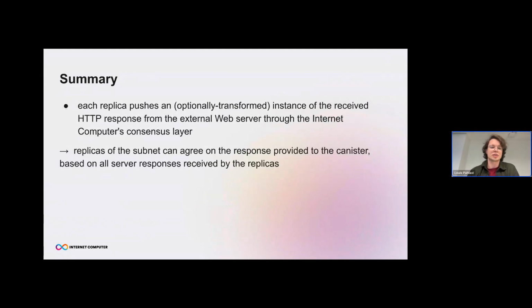Achieving consensus on the raw response would not be possible, because each replica in the subnet would have a different value of a timestamp or other headers, and they wouldn't be able to achieve consensus on this. So this transformation is crucial. It gets rid of what we don't need and only keeps what we need and what we can actually achieve consensus on.